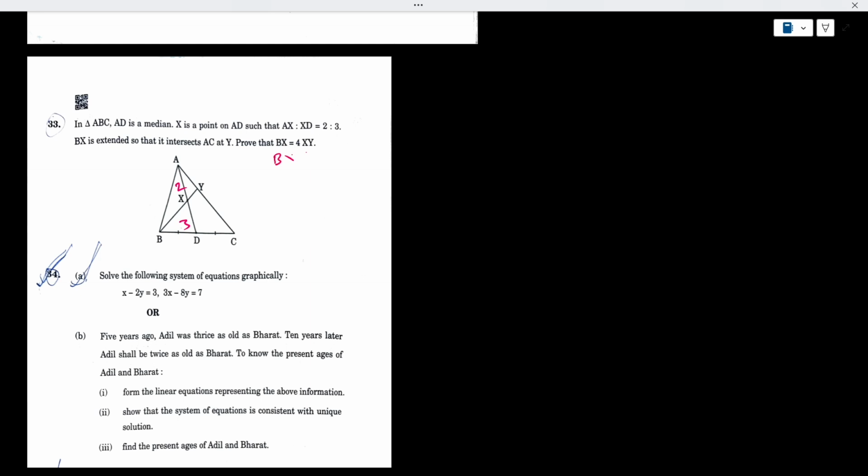First thing, you know that BX by XY will be equal to 4 is to 1. I have to take this ratio, BY. BX is to XY should be 4 is to 1. Now here I have to use either similarity or, because it's given the median, first step you need to remember, you will draw a line parallel.